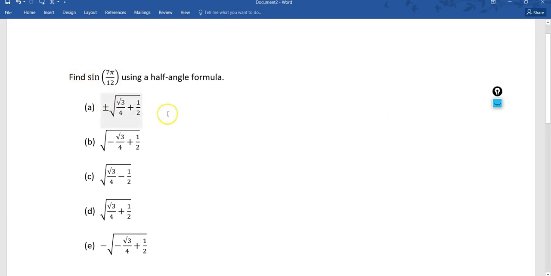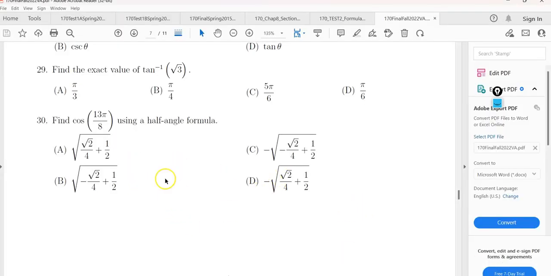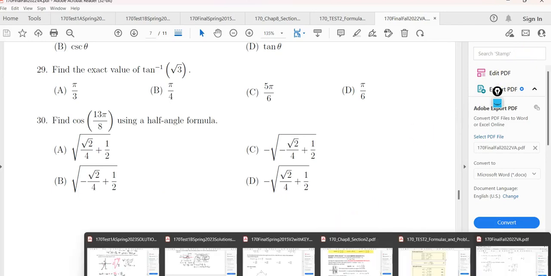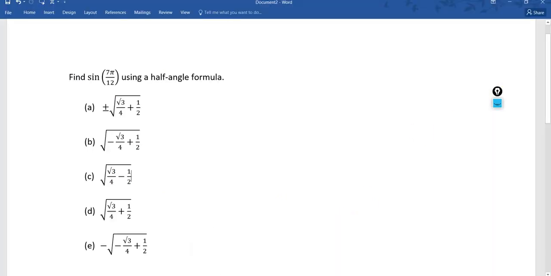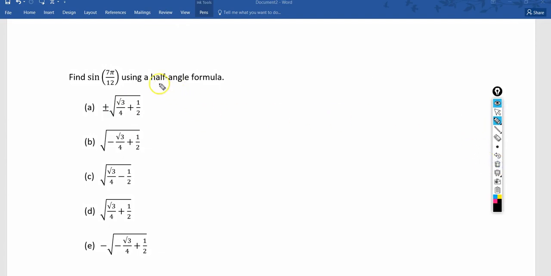And I've gotten these selections so they look just like the way these selections were written. So that's what we're going to have to face on the final, and so that's what we have to know how to do. Okay, so the instructions here specifically say to use a half angle formula.